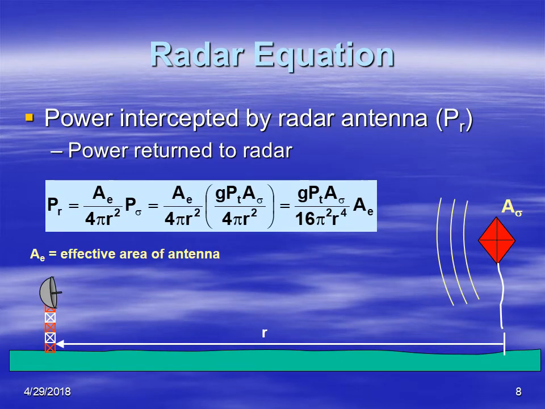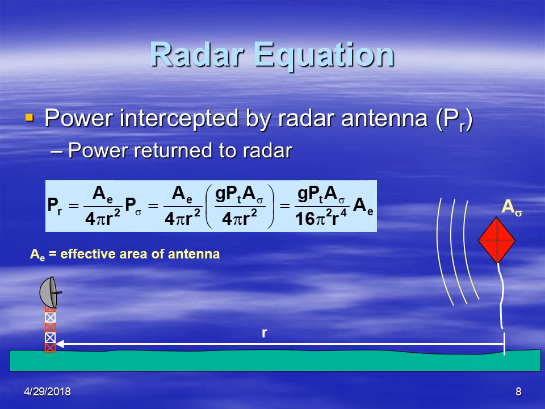Now the power that's intercepted by the radar, in other words, what is reflected all the way back to the radar and picked up by the radar, depends upon how much was intercepted by the kite. Then it's reflected back to the radar, so it's got to travel a distance r.